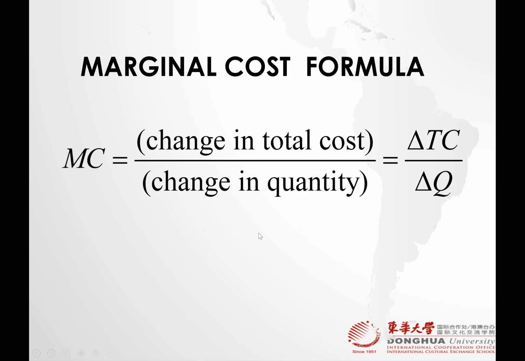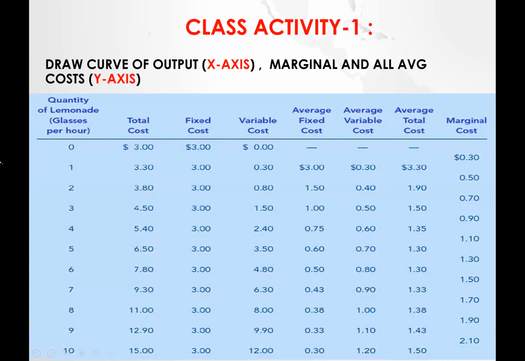We talked about that its formula is change in total cost divided by change in quantity. So how are we going to write the marginal cost and marginal product in the middle? Marginal cost from 0 to 1. Marginal cost from producing 2 to 3 is 0.7.